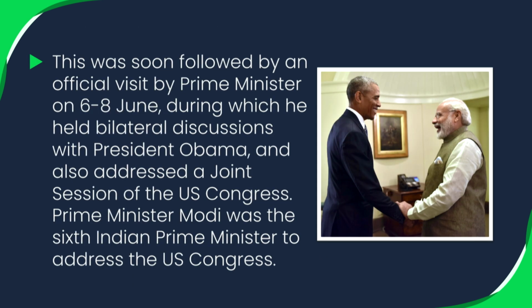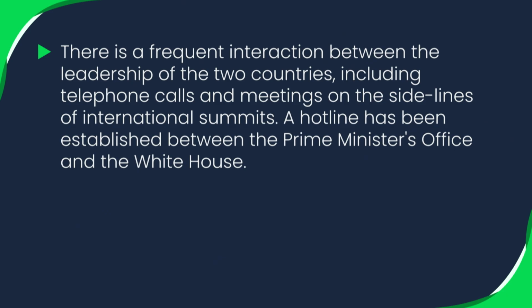This was soon followed by an official visit by the Prime Minister on 6th to 8th June, during which he held bilateral discussions with President Obama and also addressed a joint session of the United States Congress. Prime Minister Modi was the sixth Indian Prime Minister to address the US Congress. There is frequent interaction between the leadership of the two countries, including telephone calls and meetings on the sidelines of international summits.